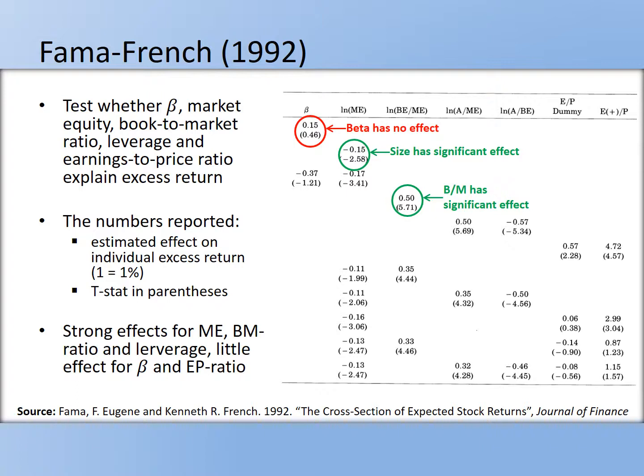Book to market, the most significant of all, a 0.5 effect. So that means a 1% higher book to market value would lead to a 0.5% higher excess return on average. There are also positive effects on the other items, including measures of assets, earnings, and earnings over price, and so on, as you see in the fourth and fifth lines.